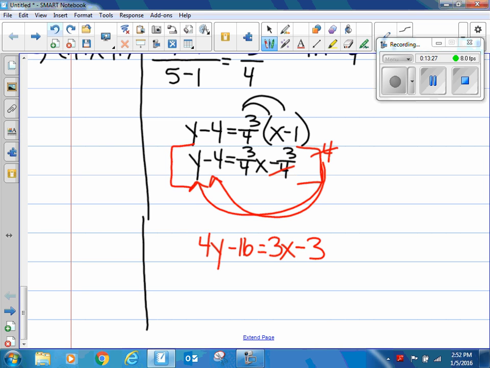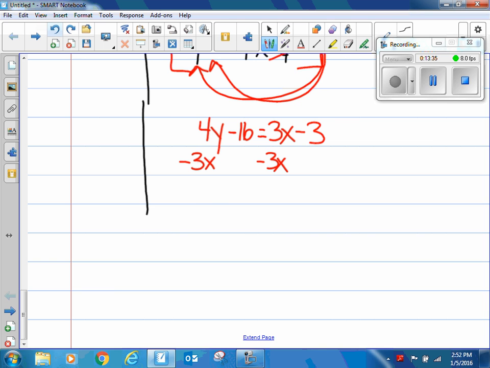So I'm close. I have to move my 3x to the other side. I'm going to subtract 3x from both sides. I'm left with negative 3x plus 4y minus 16 equals negative 3. So I have to move that 16 over to the other side.